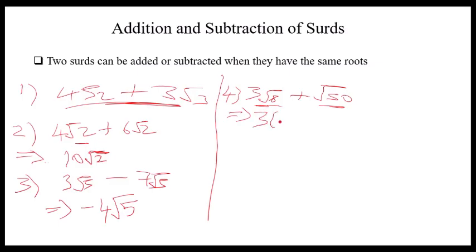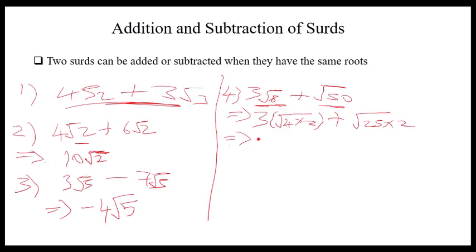So you can do this. 3 open brackets, root 8 is the same thing as having what? Root of 4 times 2. Right? Then plus root 50 is the same thing as having what? Root of 25 times 2. So normally, these roots are not the same. But we see that they can still be factorized. So let's check whether, if we factorize them, both of them will end up having the same roots. Let's see if we can achieve that.